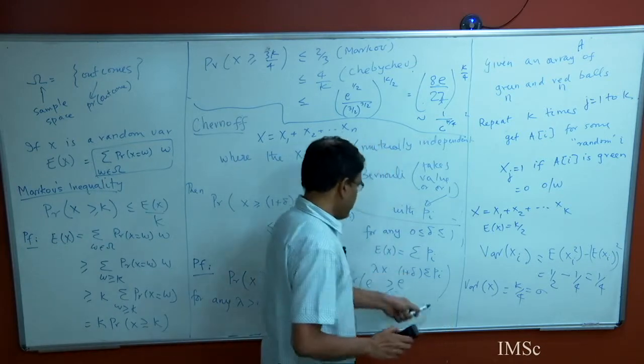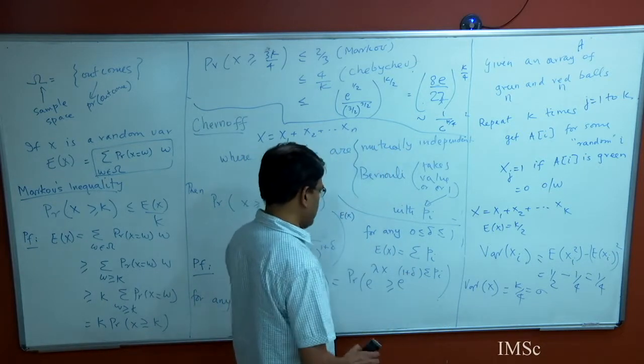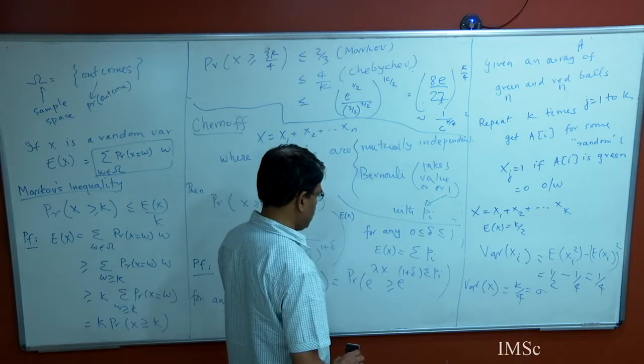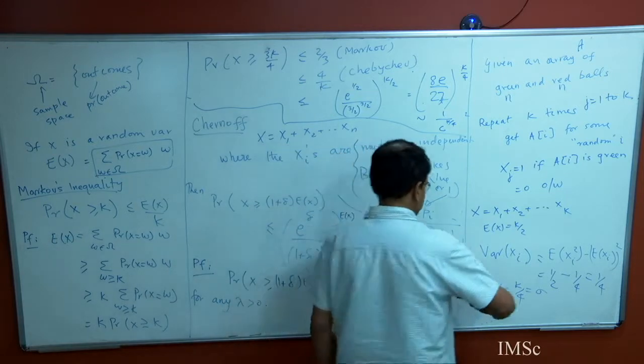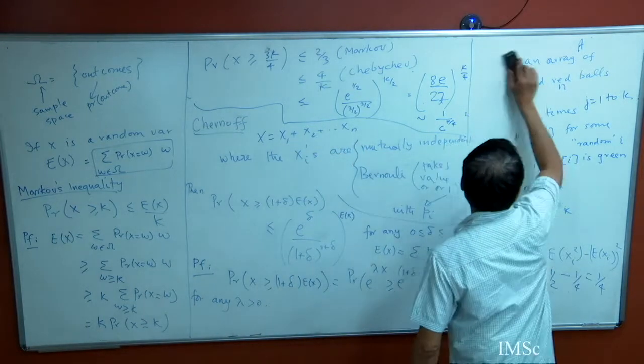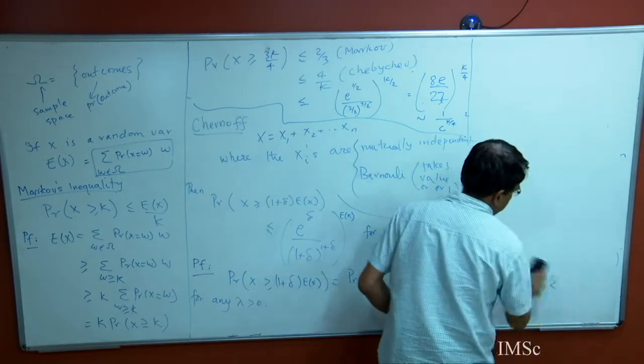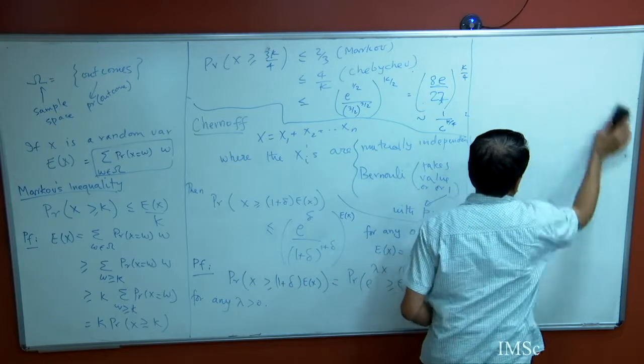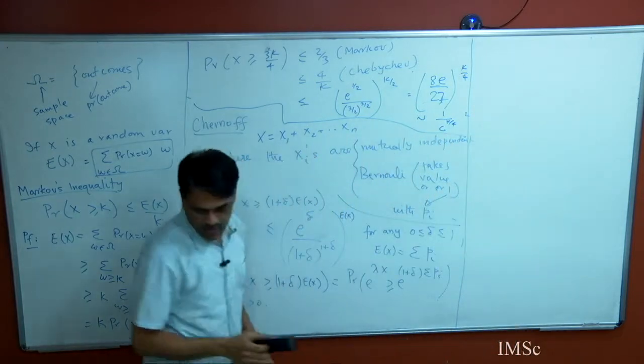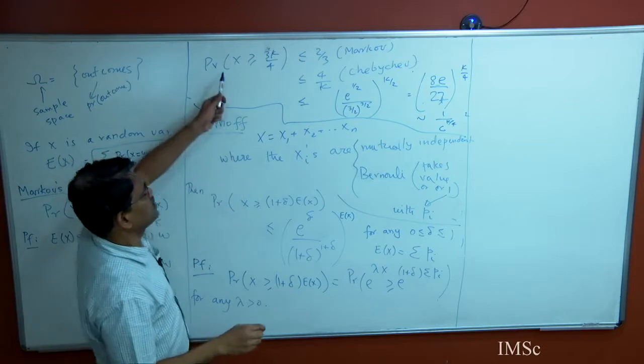So now I'm going to compute this, and at some point I will apply Markov's inequality. So I'm going to erase this because now you understood the experiment and you see how these three inequalities give you progressively better and better probability bounds for this question, right?